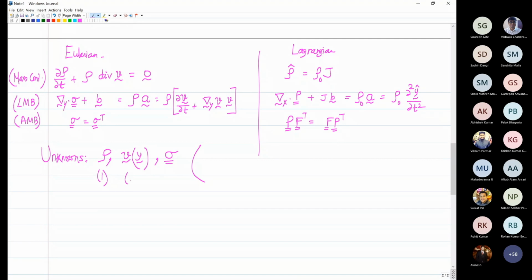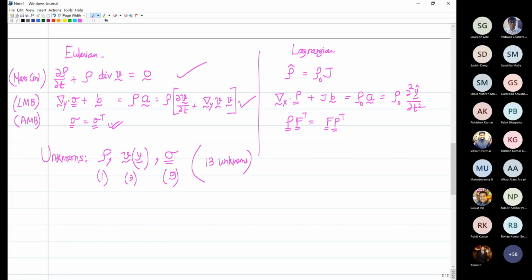This is 1, this is 3, and this is 9. So total 13 unknowns. And how many equations? 1, 3, 3 plus 1, 4. And how many does it have? This is also 3. So sigma equal to sigma transpose. So all that you have to say is that the off diagonals are all equal.